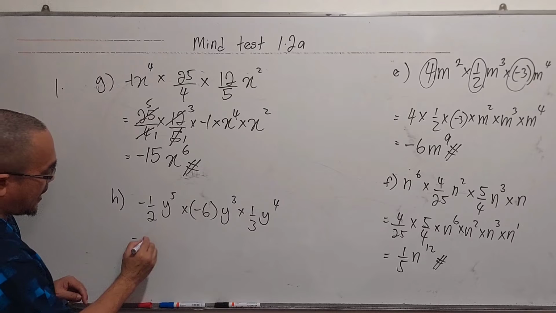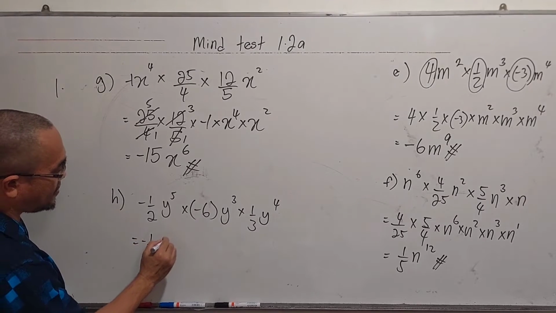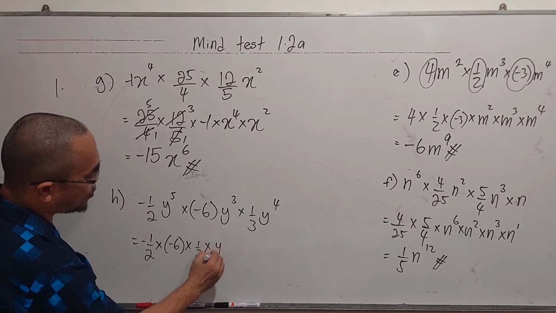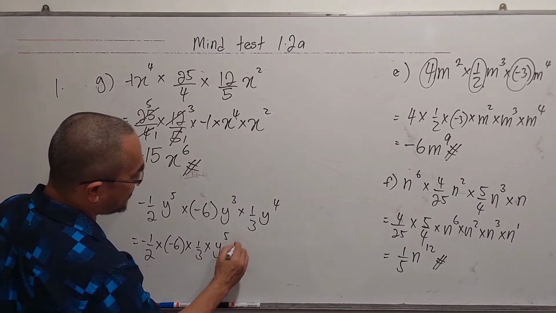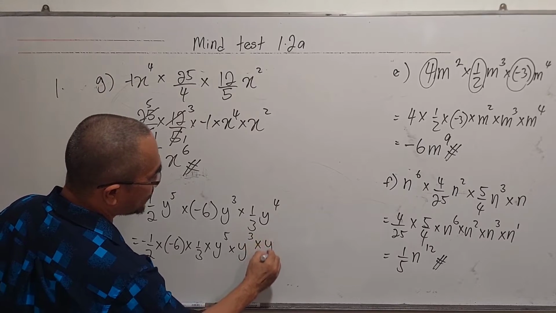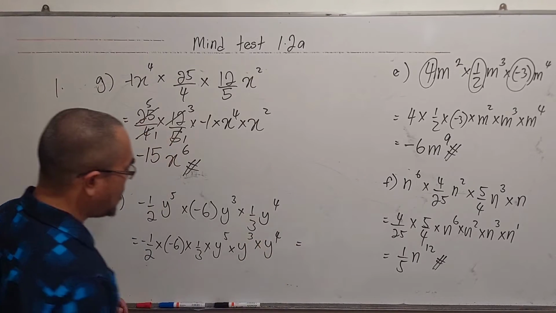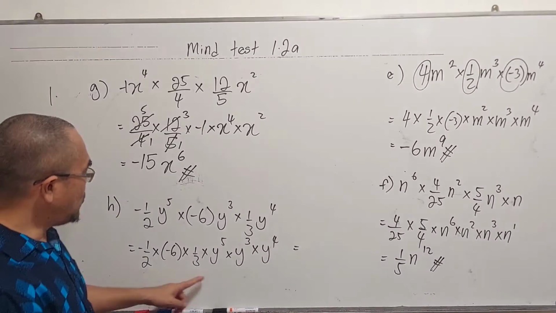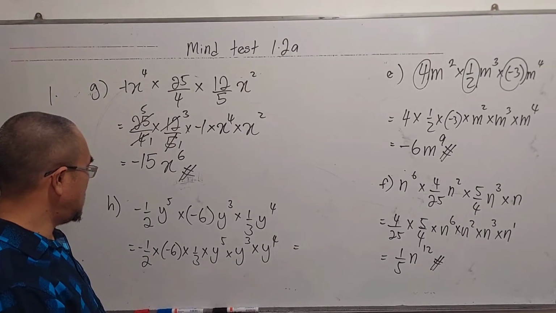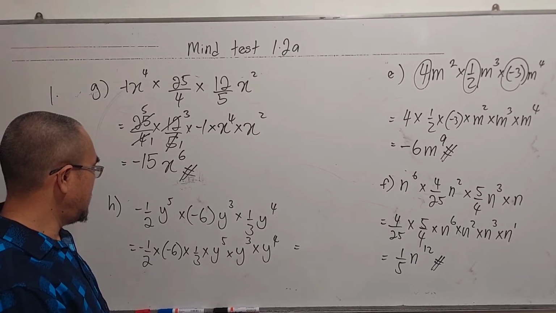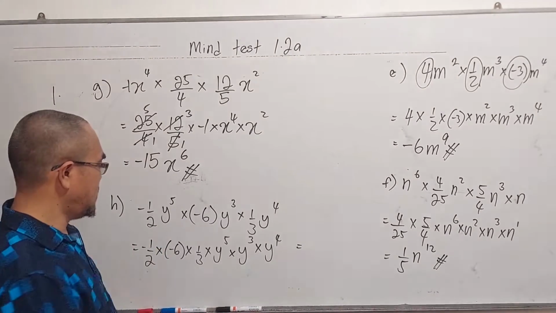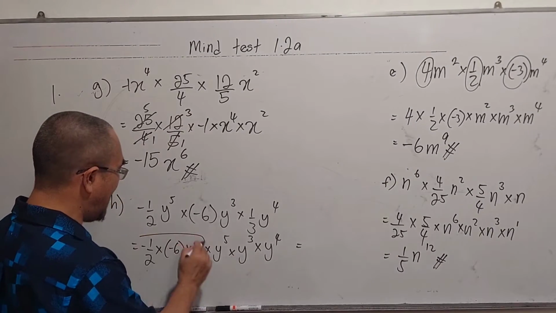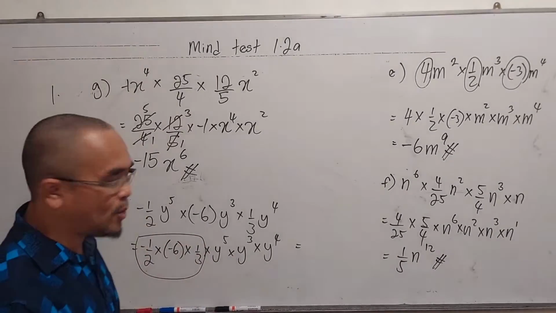Okay, so negative 1 over 2 times negative 6 times 1 over 3 times y power 5 times y power 3 times y to the power of 4. So what is the answer here? You can straight away use the calculator. For the numbers it is 1. So I'm not going to write anything here.